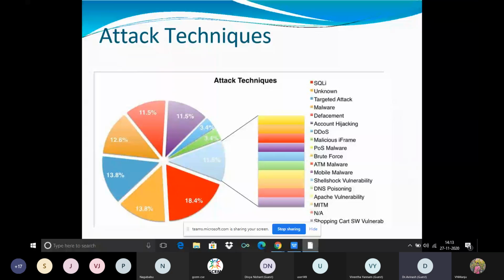Then there could be the attack called a brute force attack, then the ATM malware attack, then the mobile malware attack, then the Shellshock vulnerability attack, and then the DNS poisoning attack, that is domain name service attack.